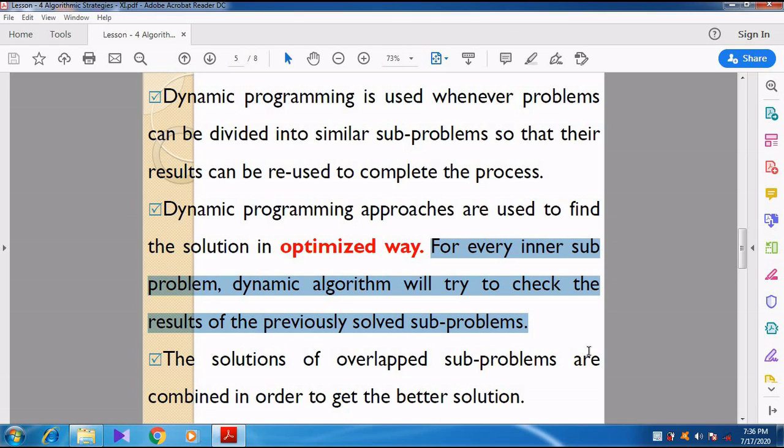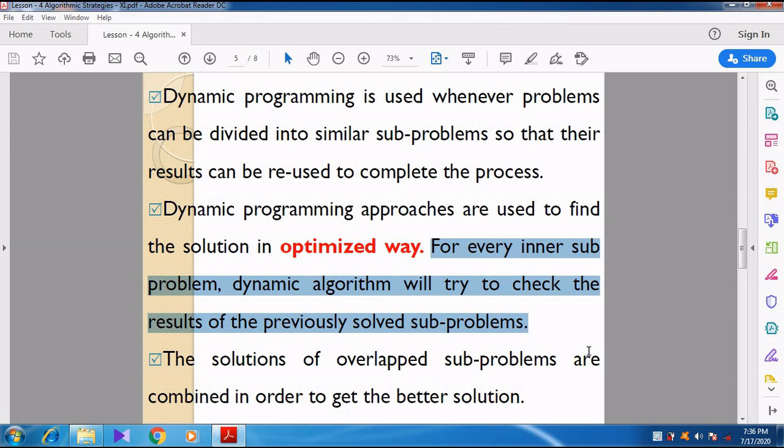If there is already a solution, that solution can be used again. So instead of finding the solution again, if the same problem already exists, we take the result of that problem and use the same result again.